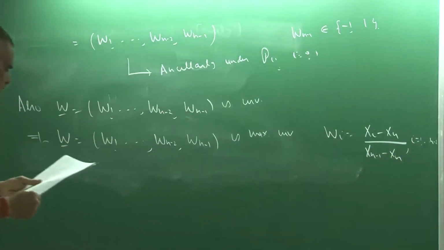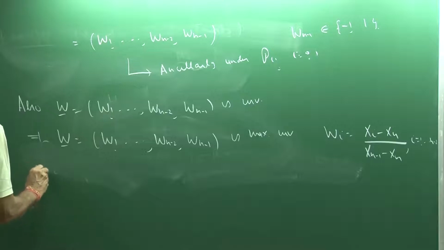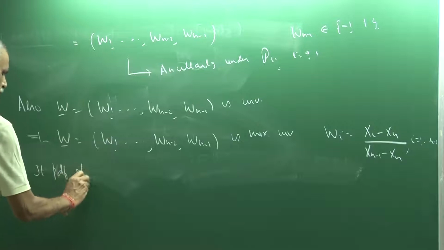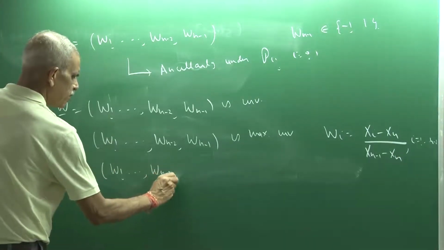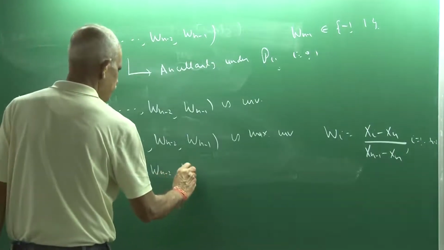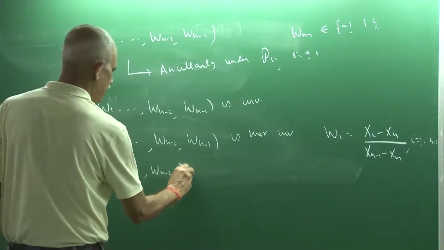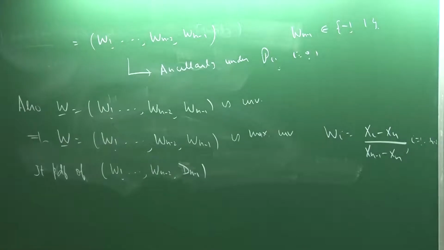So what I do is, the joint PDF of W1, W2, ..., Wn minus 2, Wn minus 1. Let me not write that, dn minus 1, which is nothing but xn minus 1 minus xn.